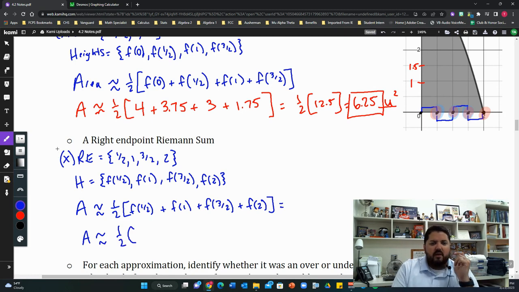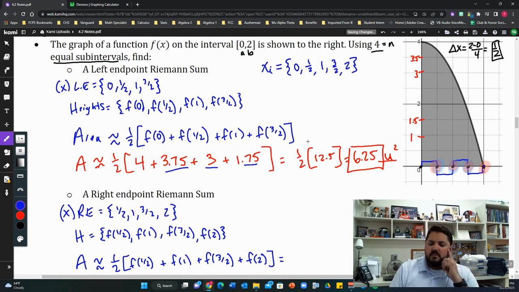Okay, so let's write this down here. So f of 1/2, again, we already used those 3 values, so we already came up with estimates for those. So 3.75, 3, and 1.75. But then f of 2 would be 0 in this case. So we saw this example a little bit earlier, where sometimes a rectangle ends up being a 0 height, and that's because one of the endpoints is actually on the x-axis.